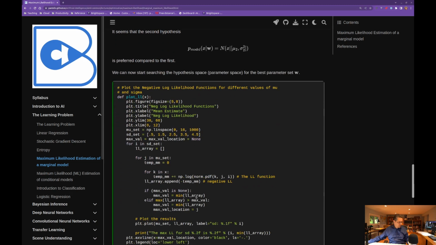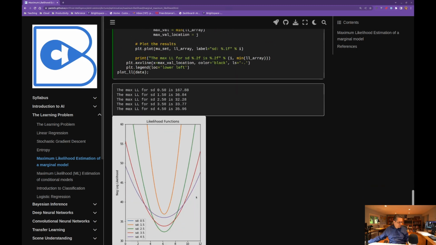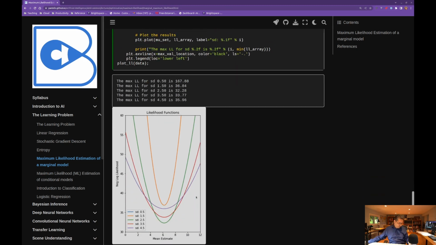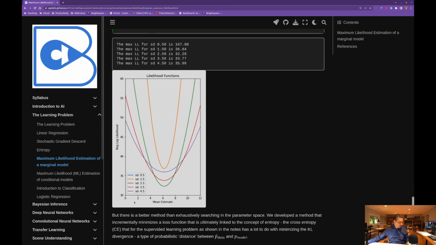So what we have done here is plotted this negative log likelihood function as a function of only the mean, keeping the standard deviation or variance constant. And we can see the form that we plotted earlier, the shape of this convex negative log likelihood function.